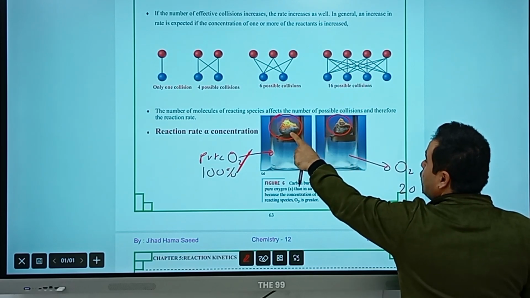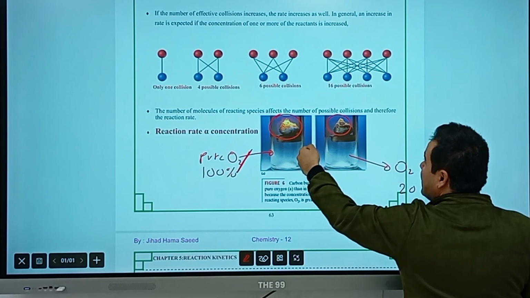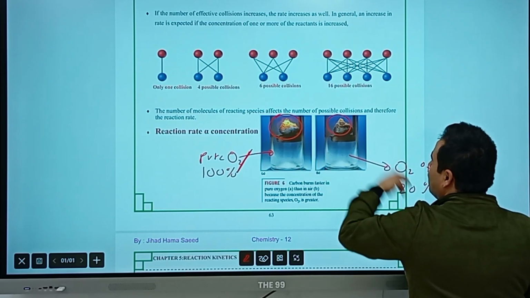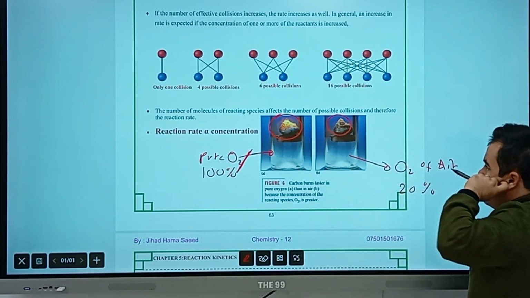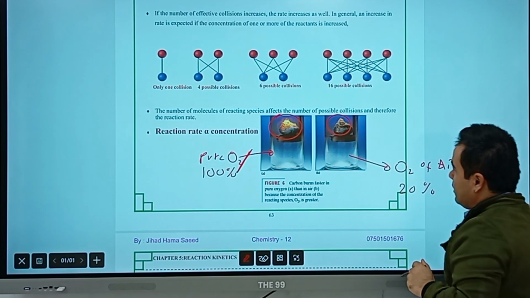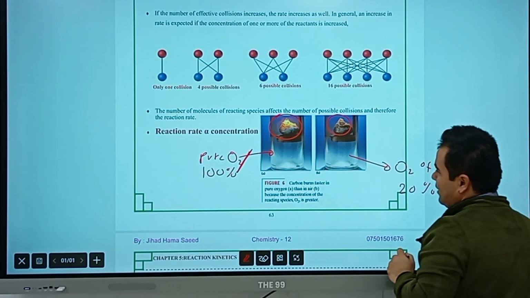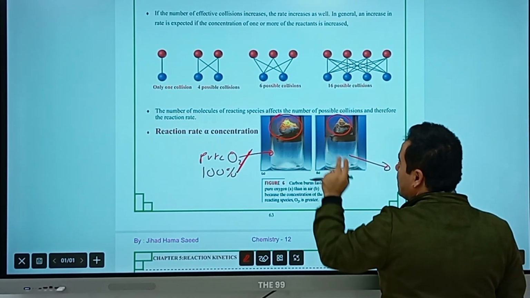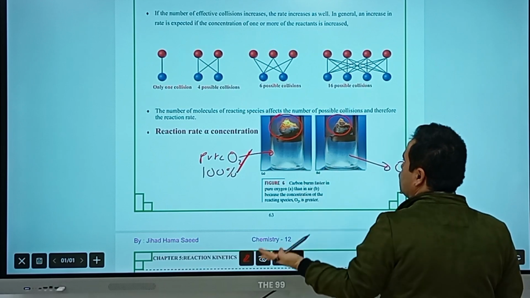The oxygen in pure air is much denser, much heavier than the oxygen in the air in which the carbon combusted. So this represents the difference of concentration.